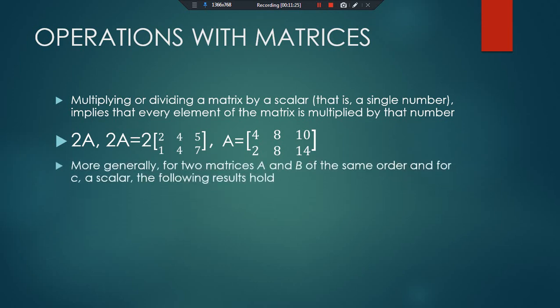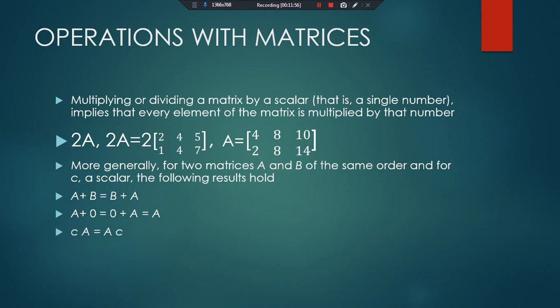More generally, for two matrices A and B of the same order and for c a scalar, the following results hold. A plus B and B plus A will give the same result. If you add a zero matrix to matrix A, or matrix A to a zero matrix, the result will be the same matrix A. Multiplying matrix A by a constant, or a constant by matrix A, gives the same result.